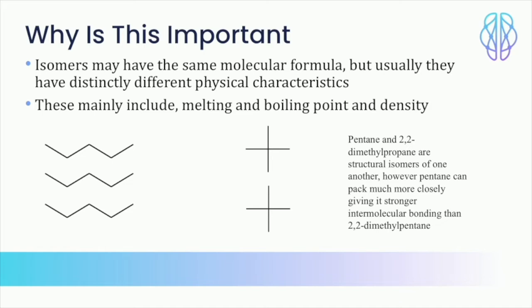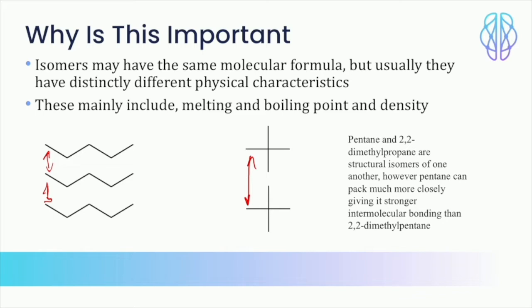On the left-hand side, we have a linear compound, pentane, and on the right-hand side, we have a chain isomer, 2,2-dimethylpropane. It's a little rudimentary, but you can clearly see that I can pack pentane a lot more closely. So this length here is a lot shorter compared to this length here between these carbons.